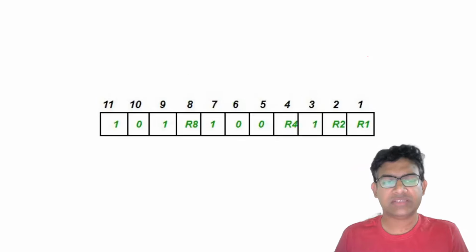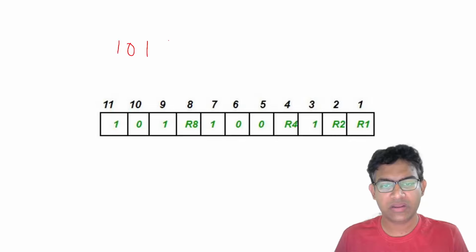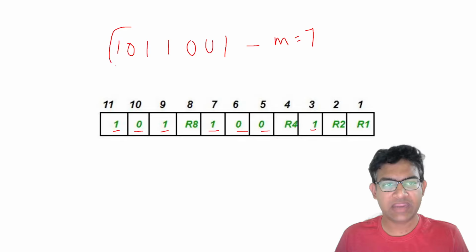Okay. So let's just say you have your data word as 101 1001, right? So 101, 1001. So you start with m equal to 7 and this is your data word.